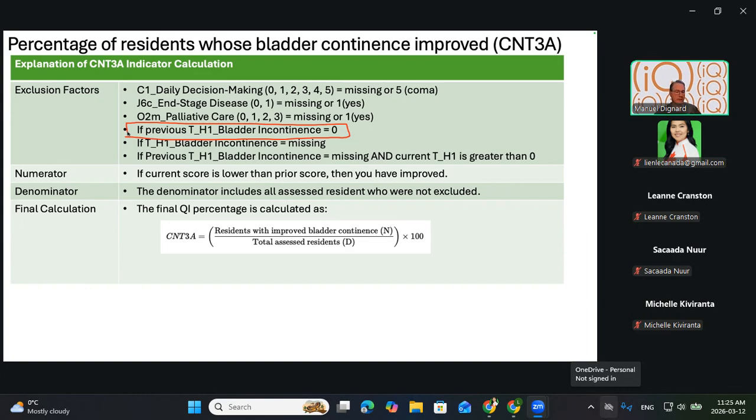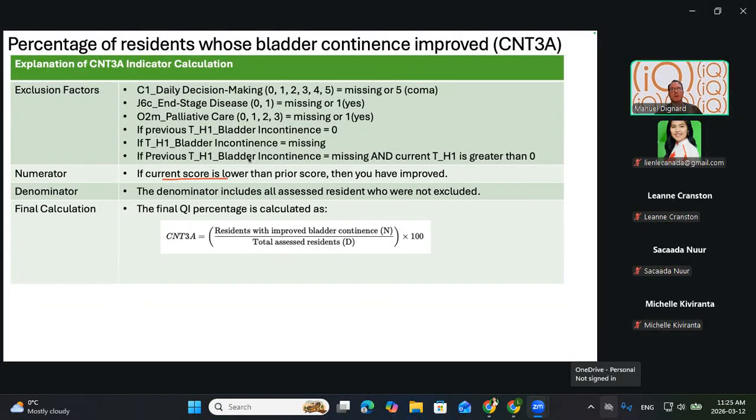If it was 0, meaning they were continent and they're still continent, if they were continent, you can't get better. So we're going to remove that assessment from the calculation.